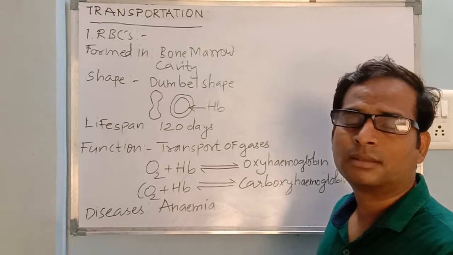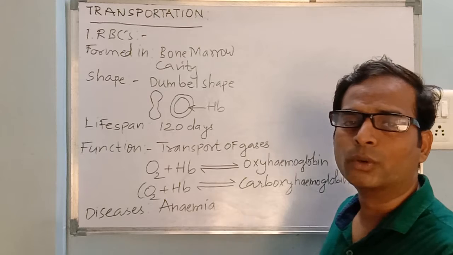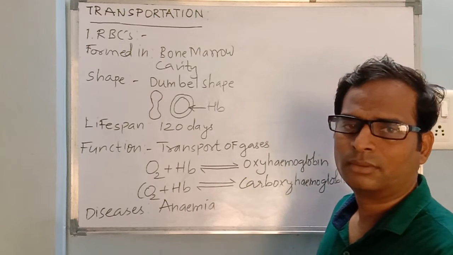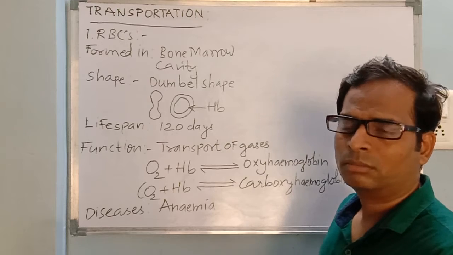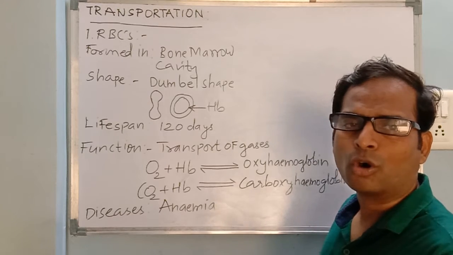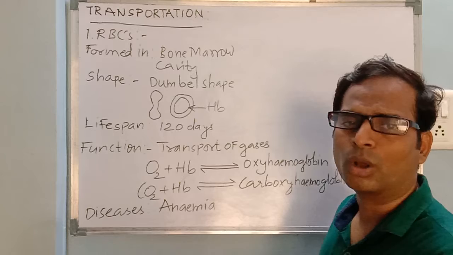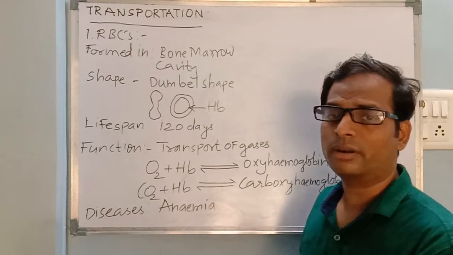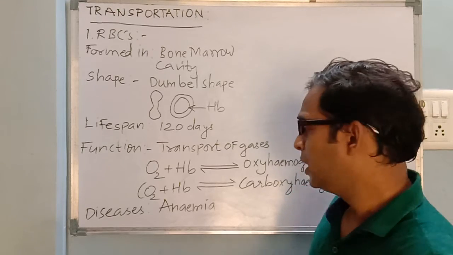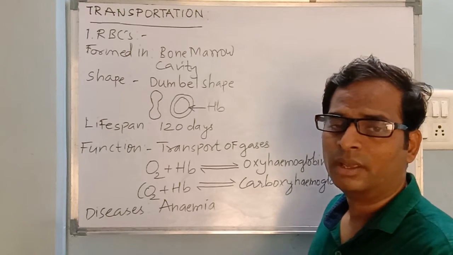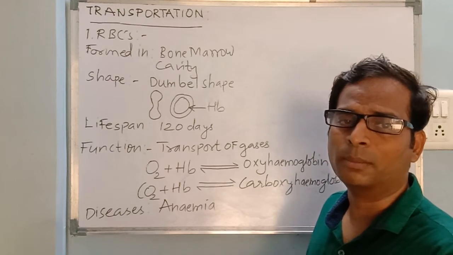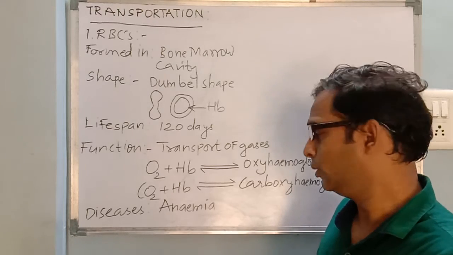The reason is, as altitude increases, oxygen decreases. So in order to consume more and more oxygen, they need more hemoglobin or more RBCs, and this is the reason why people living at a higher altitude have more RBCs compared to people living at a lower altitude.